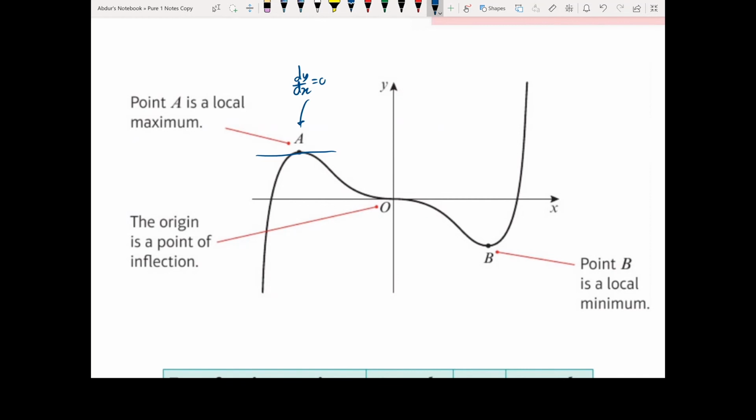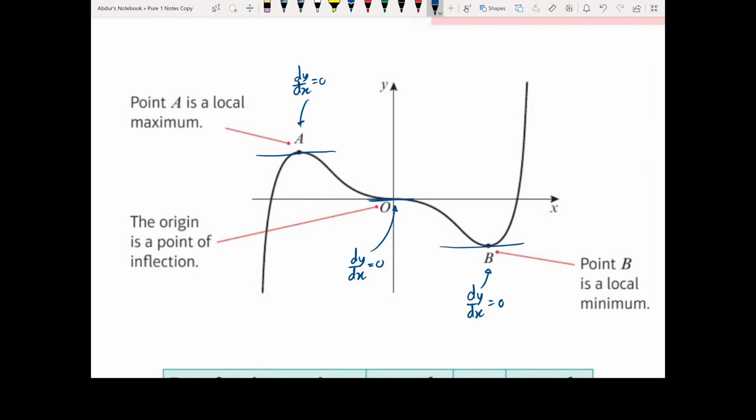Likewise, at the local minimum, if we were to draw a tangent at that point, which represents the gradient there, we can then say dy by dx, the gradient, is also equal to 0. At the point of inflection, we can see here that the gradient is also 0. So at that point, we've got dy by dx equal to 0.